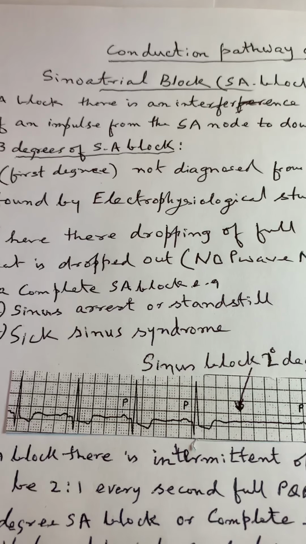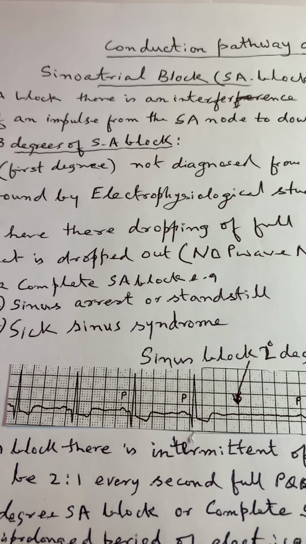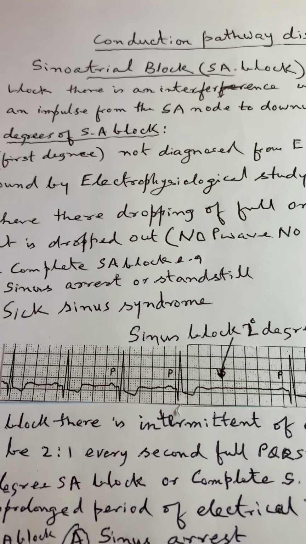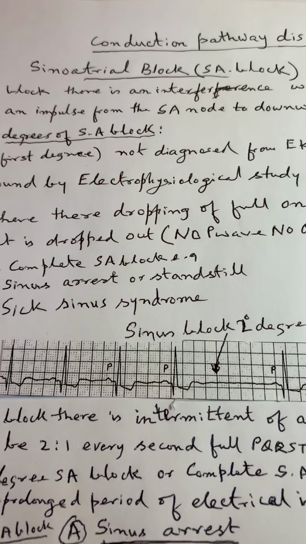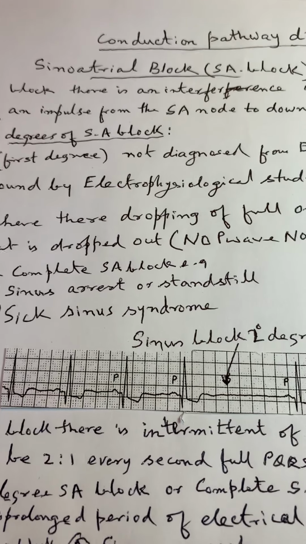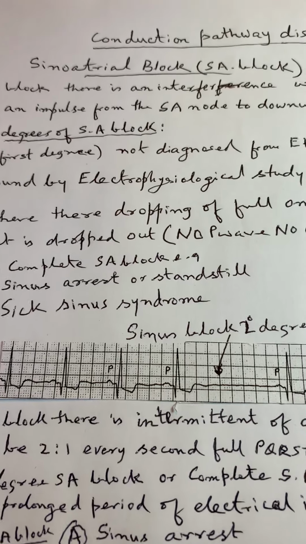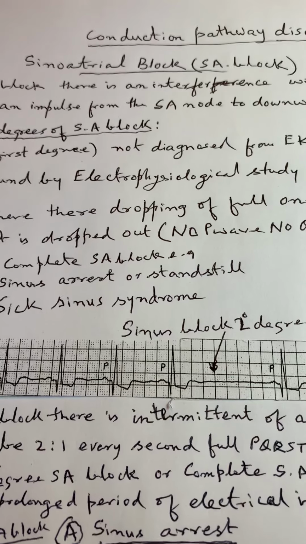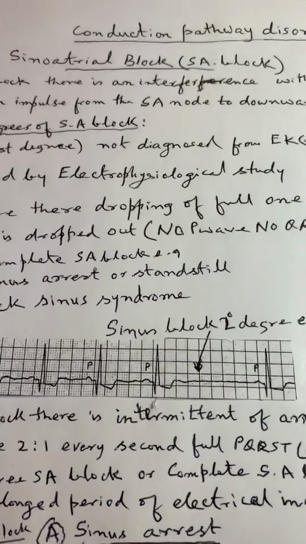The SA node, we know, is supplied in the majority of cases by the right coronary artery. Similarly, the AV node is supplied by a nodal branch coming from the posterior interventricular or posterior descending artery.